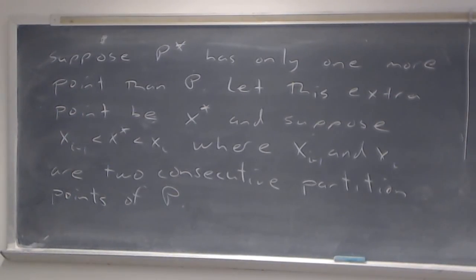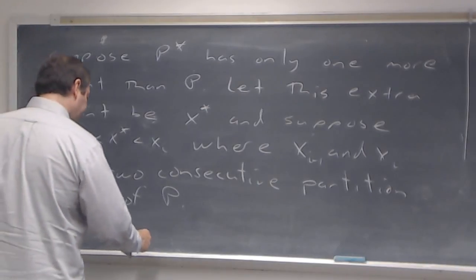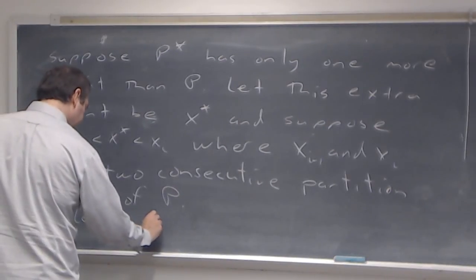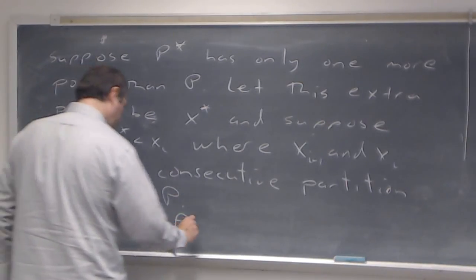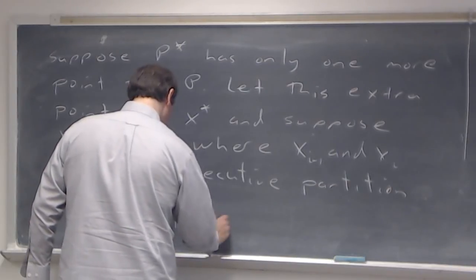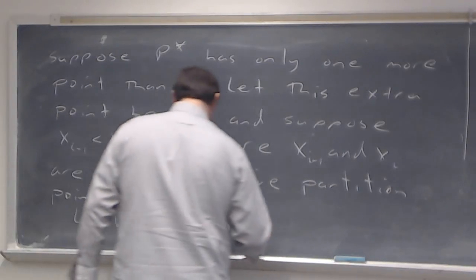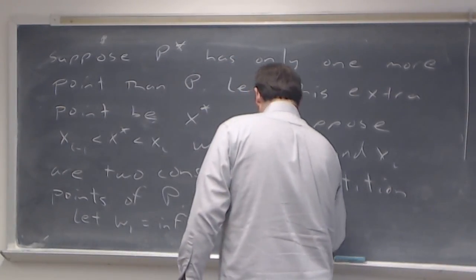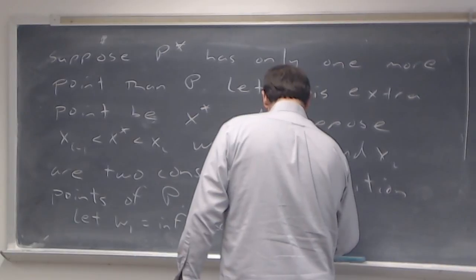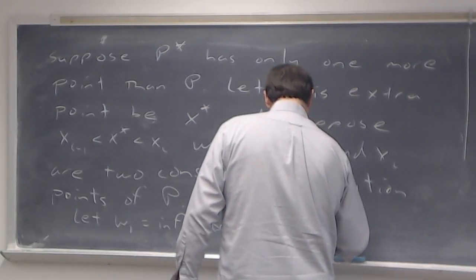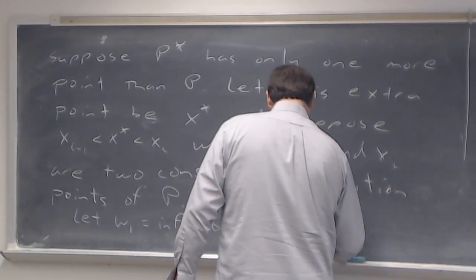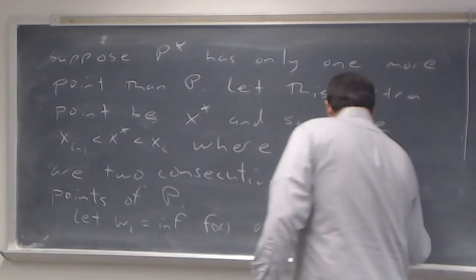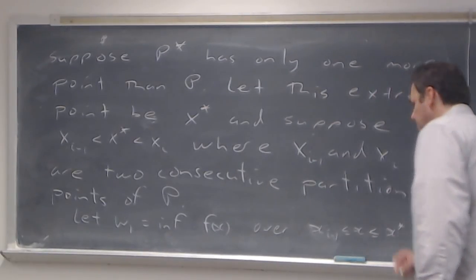Now, here's what we do. For notation's sake, let w sub 1 equal the infimum of f over all x in the interval x of i minus 1 less than x less than or equal to x star.